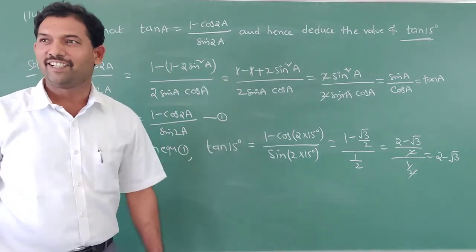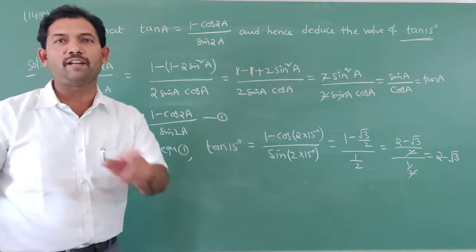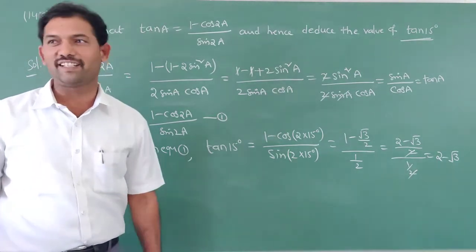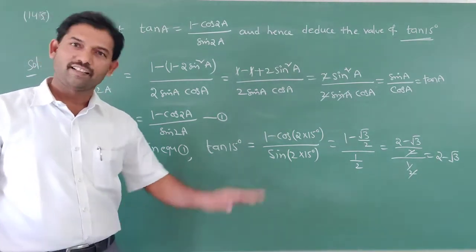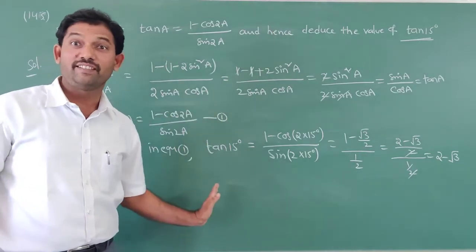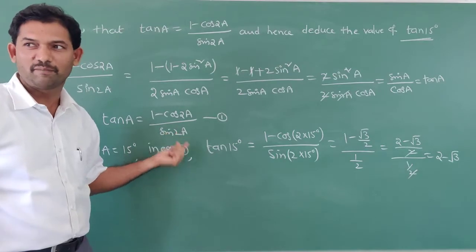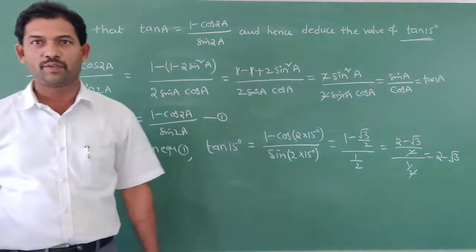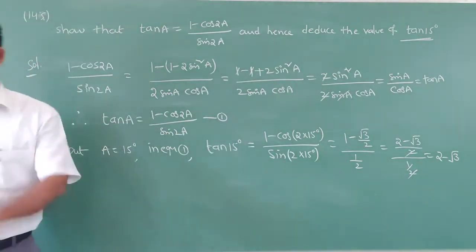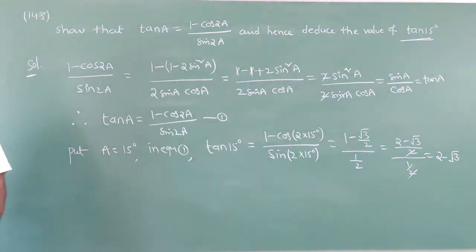Simplification is easy. You know already how to simplify tan 15 degrees value. That is also one process. This is another process, using this formula. Okay? Then we put it in the formula.